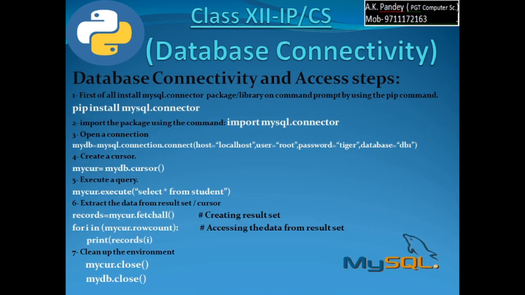Thereafter, you have learnt practically, programmatically how to import it, how to open a connection, how to create a cursor, and how to execute a query. After execution of the query, how we can extract the data from the result set, then how to clean up the environment.